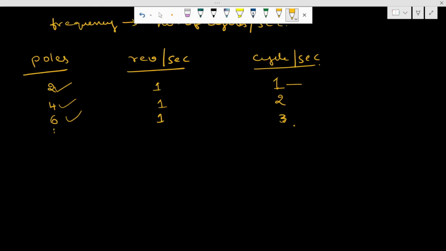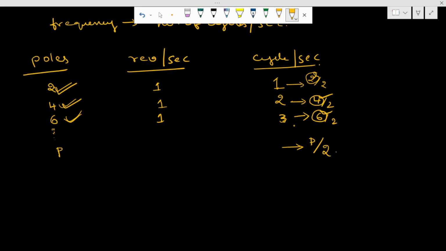We can write 1 as 2 by 2, 2 as 4 by 2, 3 as 6 by 2. This numerator part we can take as poles: 2 poles, 4 poles, 6 poles. Then for p number of poles we get p by 2.